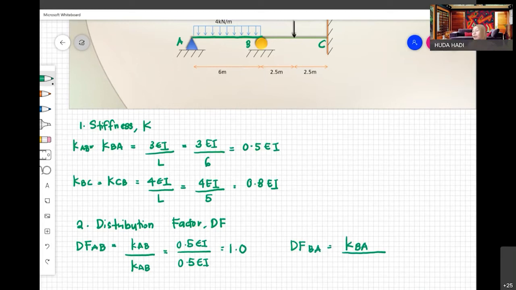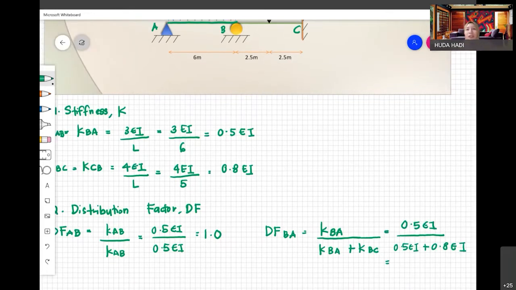Then for distribution factor B ke A, DFBA lah. Divide with, you look at support B. So support B you have beam BA and beam BC. Therefore total stiffness should be KBA plus KBC.